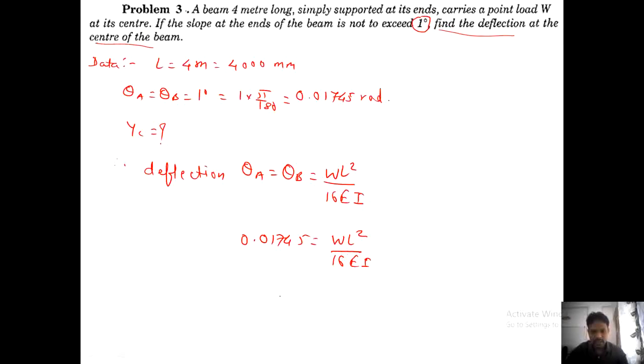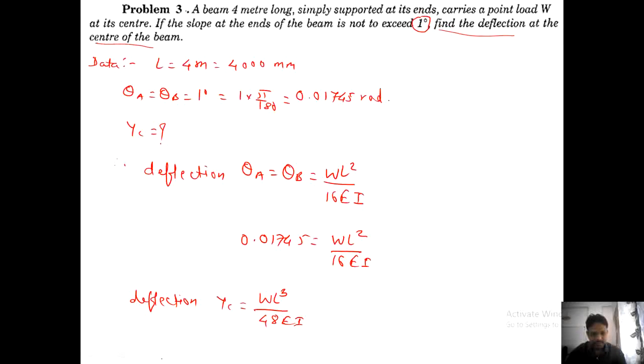Okay, and what was the deflection? Why? So deflection, because so many unknown terms are here. E, I we don't know, again we don't know the W, so directly get the deflection. So deflection YC is WL cube by 48 EI. So this is the formula.